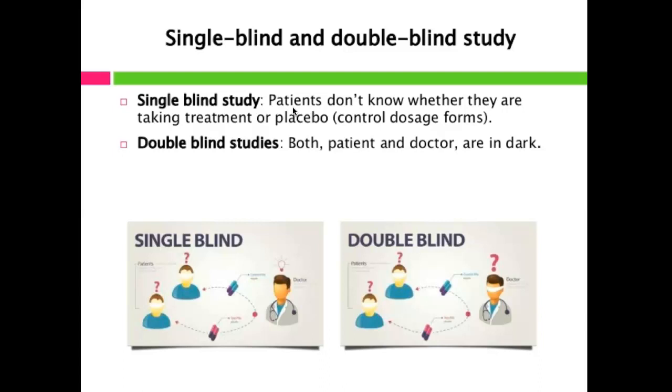However, in a double blind, both the patient and the doctor are in the dark. So there's a third party that has the information, but the third party is not telling the person that administers the test, and they're not telling the patients that are receiving the test. And this is the gold standard for new medicines.